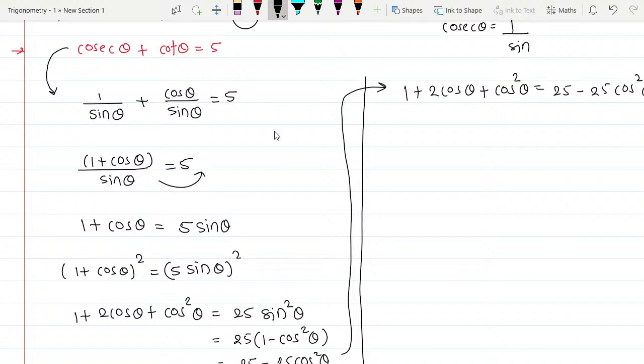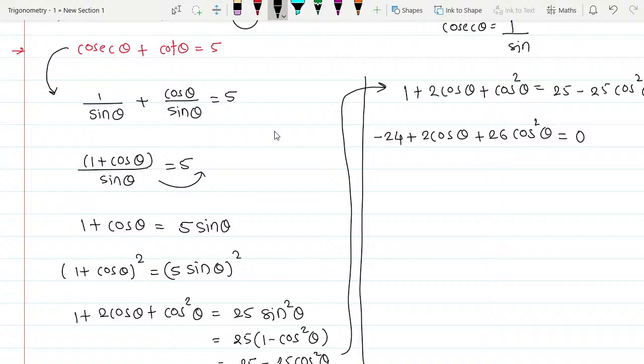You take everything now this side. So I will have 1 minus 25, which is minus 24, plus 2 cos theta as it is. Cos square theta: the minus 25 coming to this side becomes plus 25, so plus 25 plus 1 becomes 26 cos square theta, which is equal to 0.